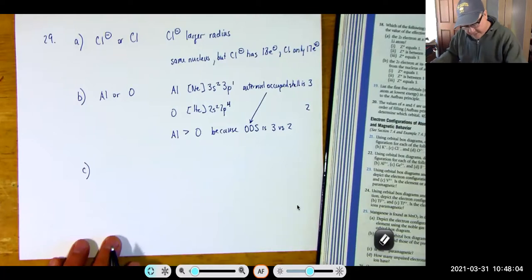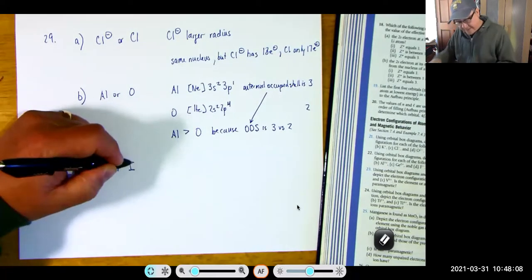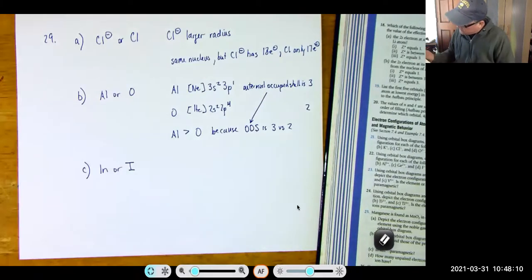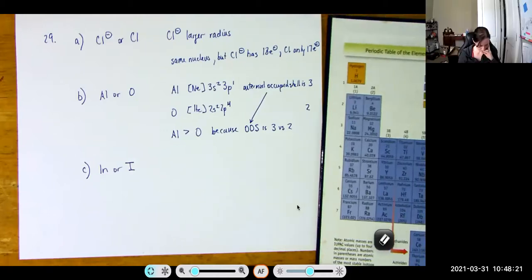So we have indium or iodine. And let's see, where are they? Okay, so they're both in the same period, period 5.